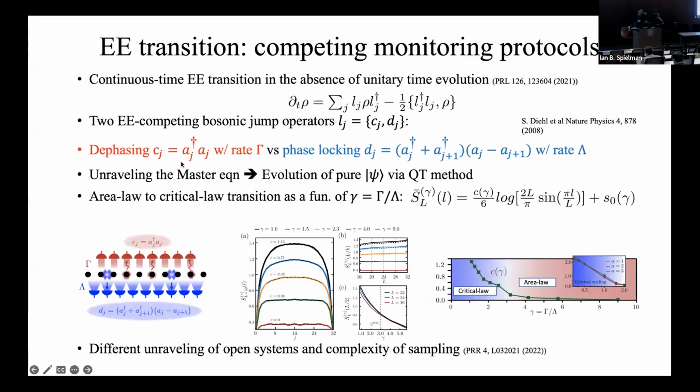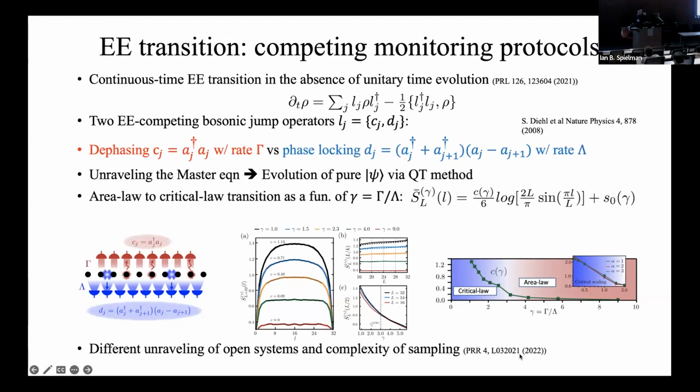One was a dephasing channel, which reduces the entanglement entropy, and one was a phase locking channel that increases entanglement by coupling nearest neighbor bosons in the system. And we saw a phase transition or a crossover behavior from an area law to a critical law, depending on the rate at which these two channels are applied.